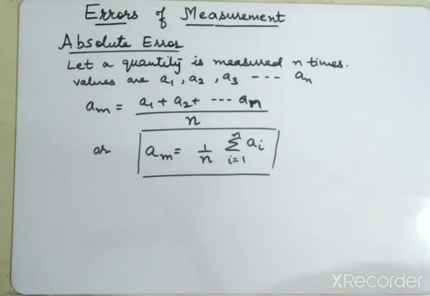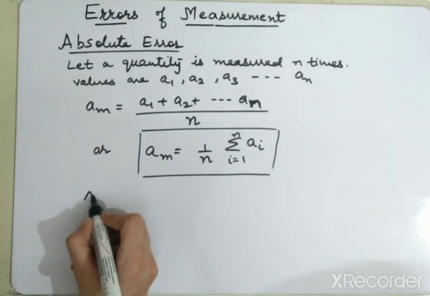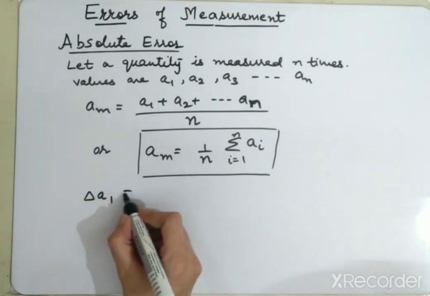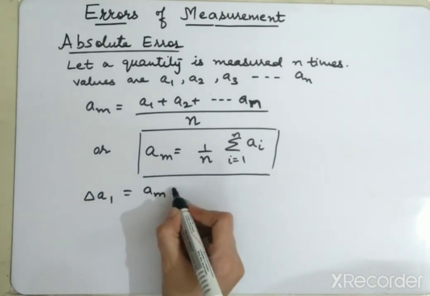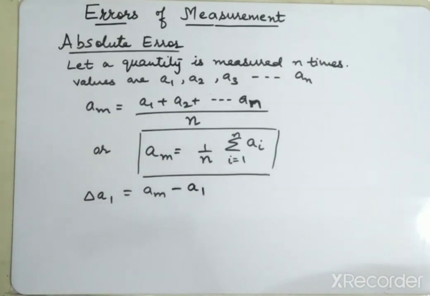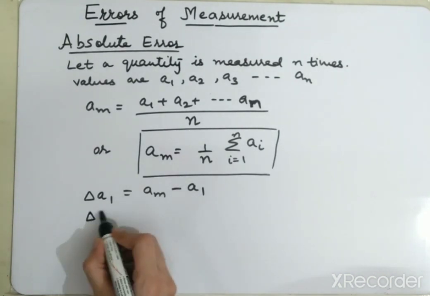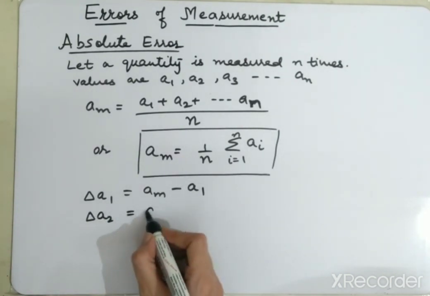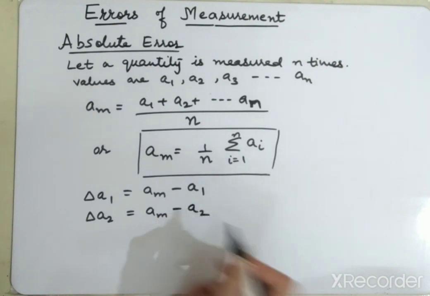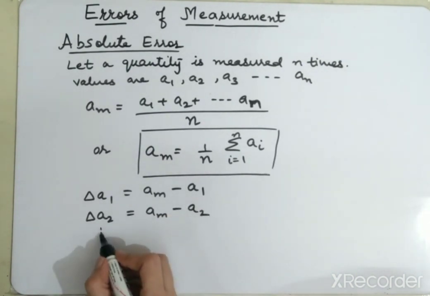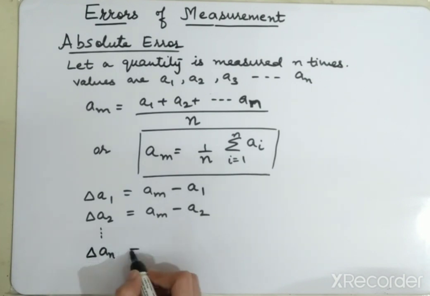So this is the formula for the arithmetic mean. The arithmetic mean is taken as the best possible true value of the quantity, if the same is not known otherwise. Now, by definition, the absolute error will be delta A1 is equal to the arithmetic mean minus the original value, that is A1 what we have measured. Similarly, delta A2 will be arithmetic mean minus the value A2, and so on up to delta AN.